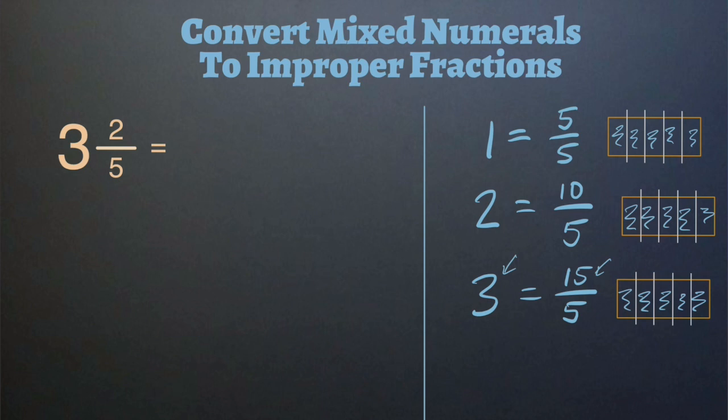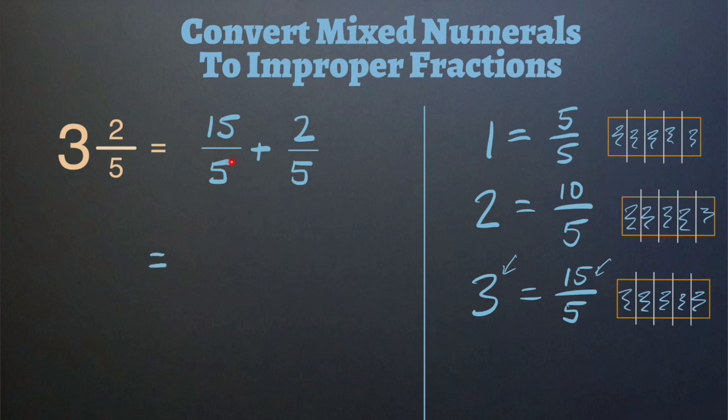So we've got 3 wholes and 2/5. So I'm going to write the 3 wholes as 15/5. And I'm going to put that with the 2/5 that we already had. And I'm going to put equals.